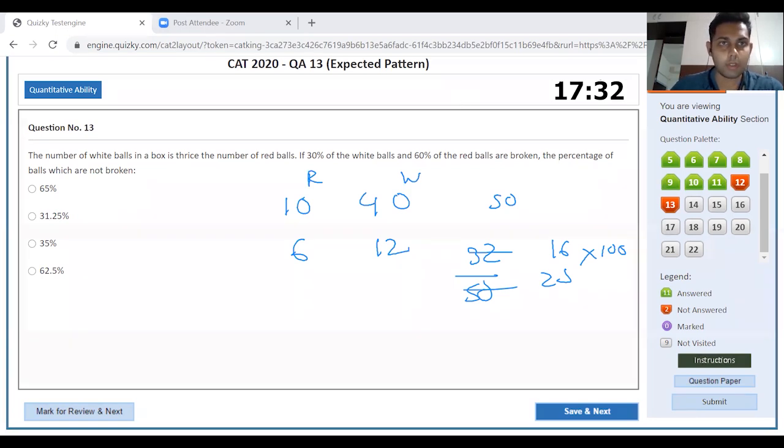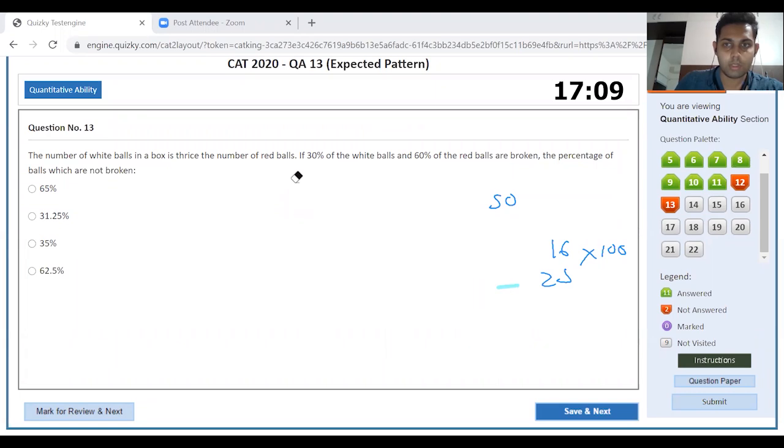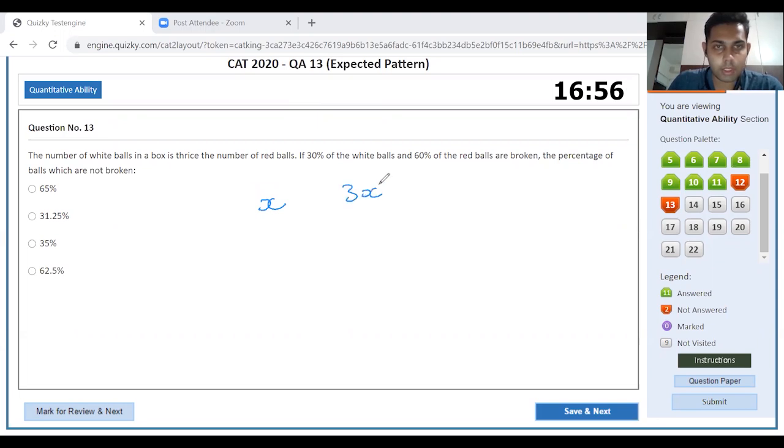Let me just check if I'm getting any approximate value from here or not. That is 32 divided by 50. It's around 64%. Let me make another approximation and check it out. So red ball is X, this is 3X.